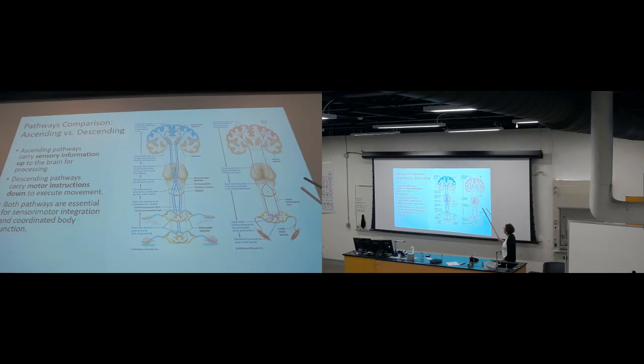So this will be a pathway that is motor, descending, going down, and voluntary in this case. And then you have an interneuron that is going to connect into this lower motor neuron that is going to send information from the spinal cord into the effector. So this is the corticospinal pathway.